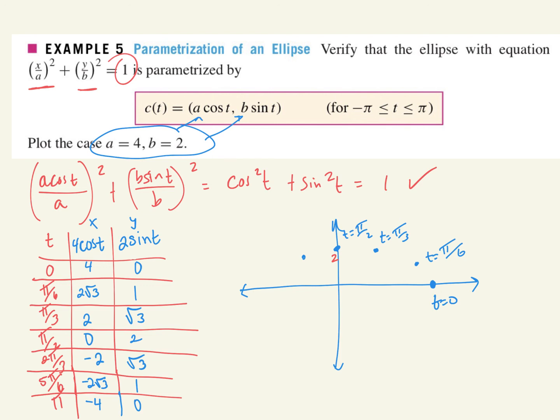I didn't do a good job of scaling that one. So we would be moving around in that direction. And we have negative 4 going on here, 4, negative 2, positive 2 up there as we go around the unit circle, but we have this ellipse shape.